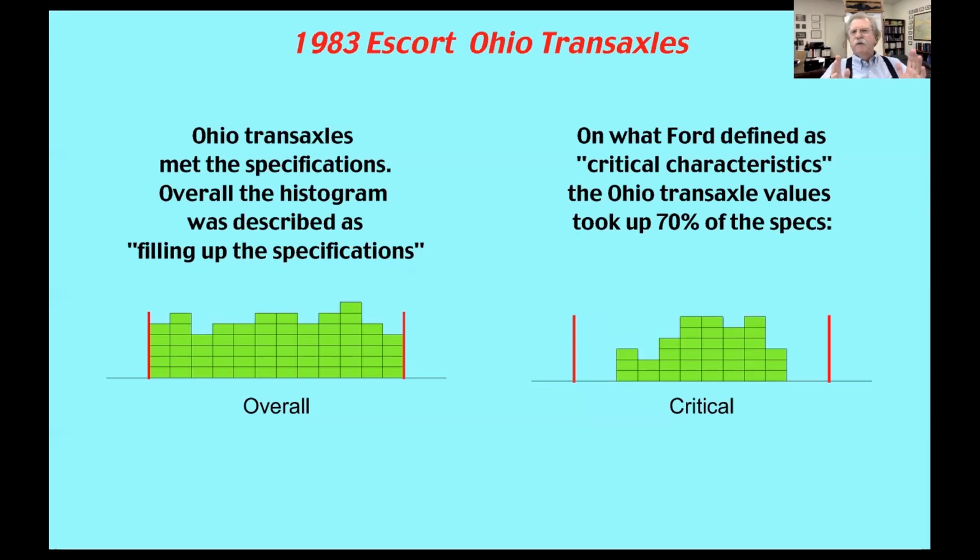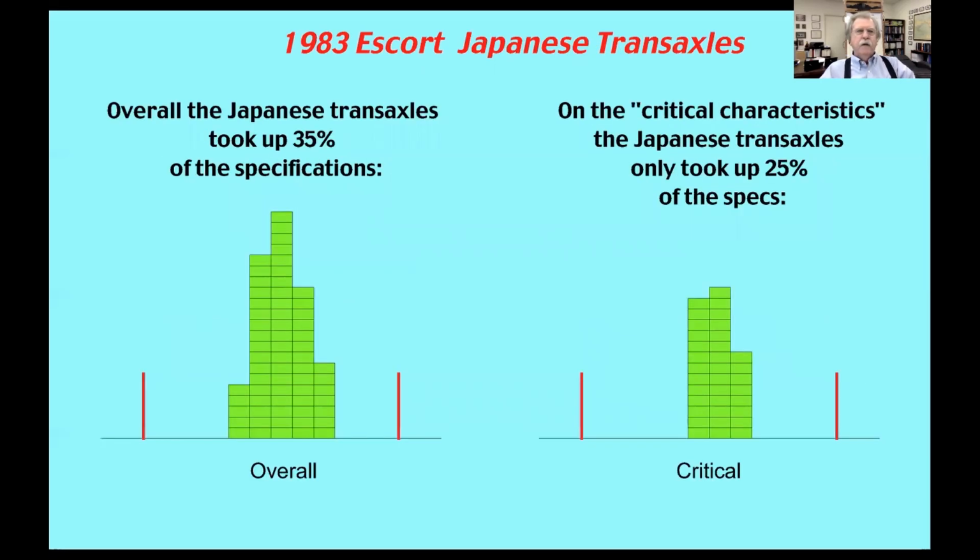But they went on to put a weasel word in there. They said, on the critical characteristics, we only used about 70% of the specs. Overall, the Japanese transaxles took up 35% of the specifications. And on the critical characteristics, the Japanese transaxles only took up 25% of the specs.